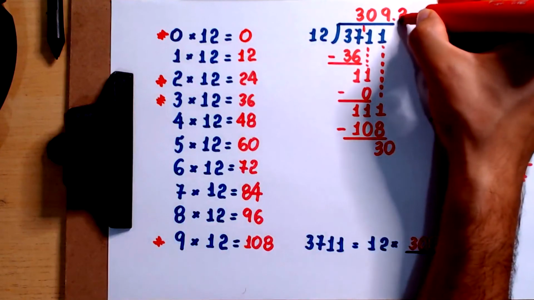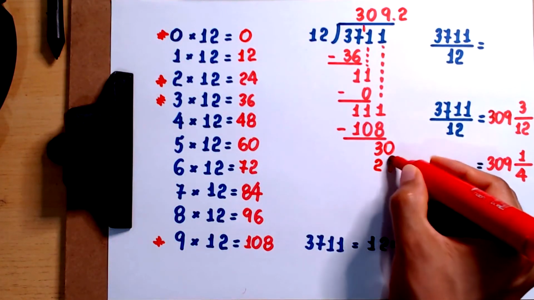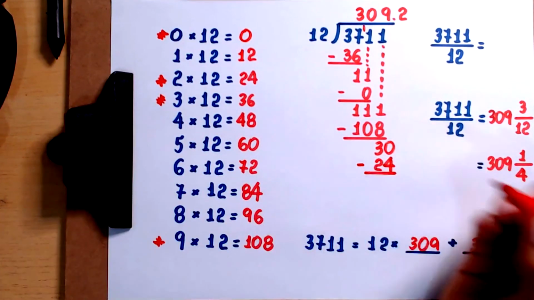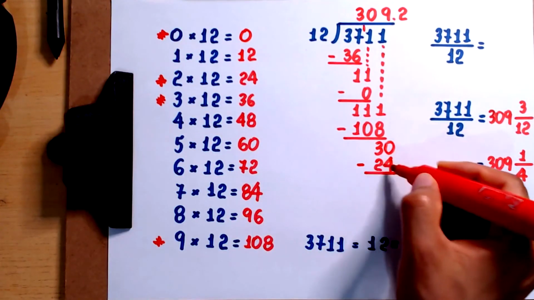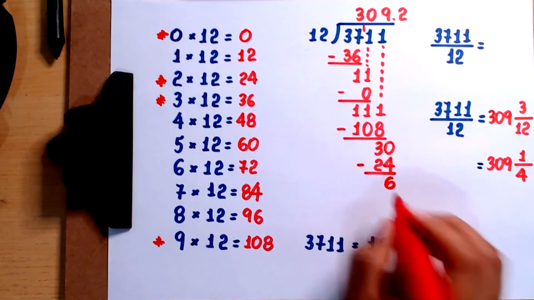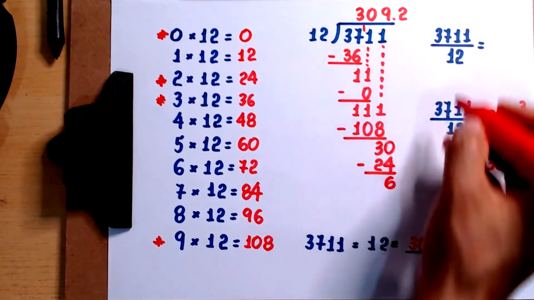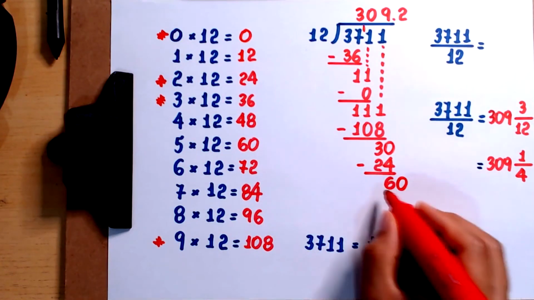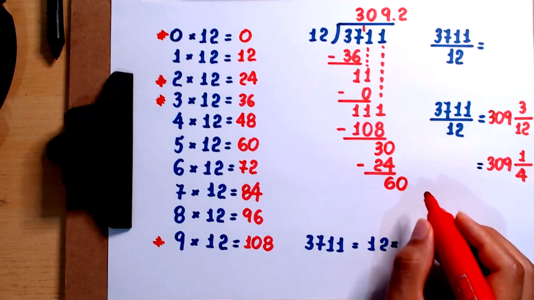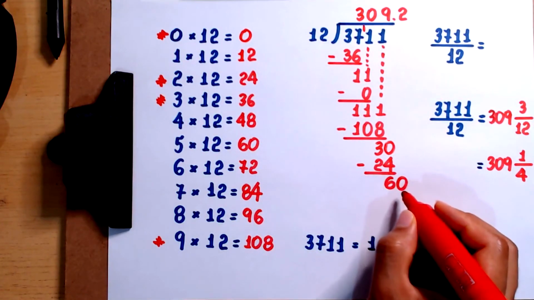I write 2 here. Since 2 times 12 equals 24, that's what I write here, and then I subtract. You will say this is easy because 30 minus 24 equals 6, and that's right. After a subtraction, I bring down a digit. There are no visible digits to bring down, I bring down 0. After bringing down a digit, I have to ask the question, how many times does 12 go into 60 without going over?